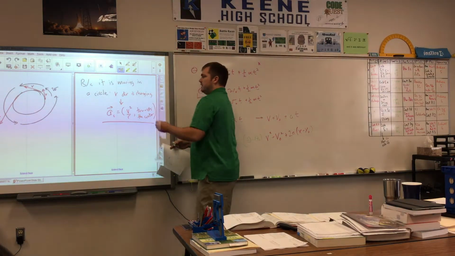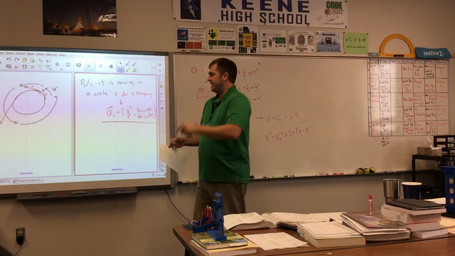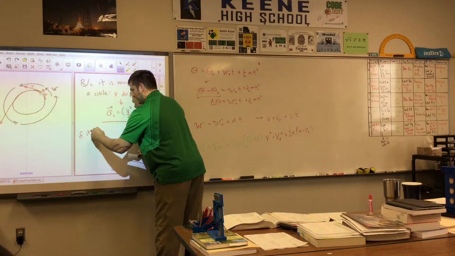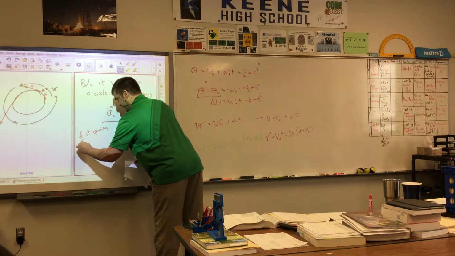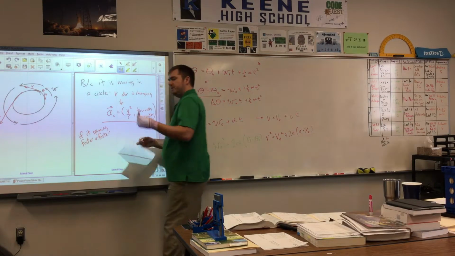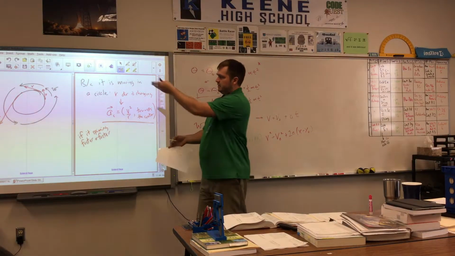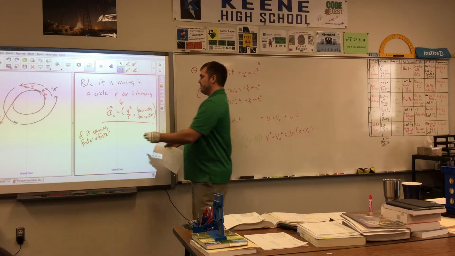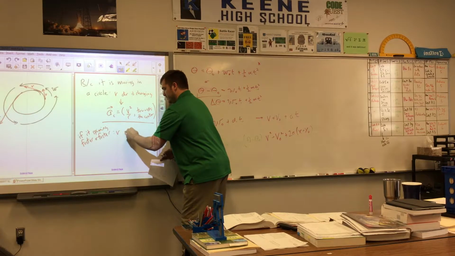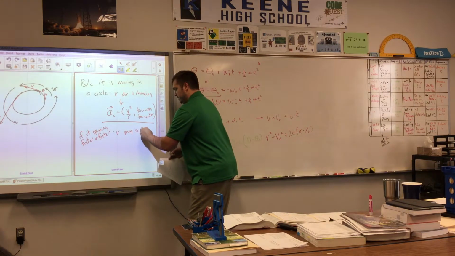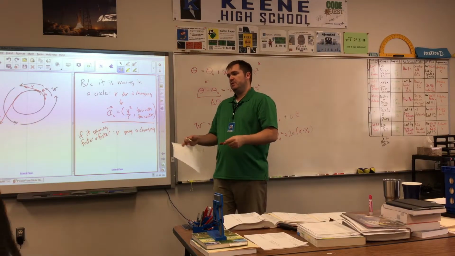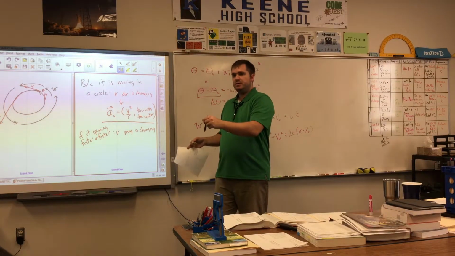If it's going faster and faster, or we could say if it's slowing down, then the velocity magnitude is changing, which will also cause an acceleration, but we don't call that centripetal acceleration.